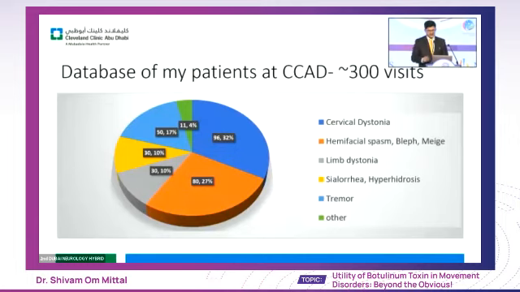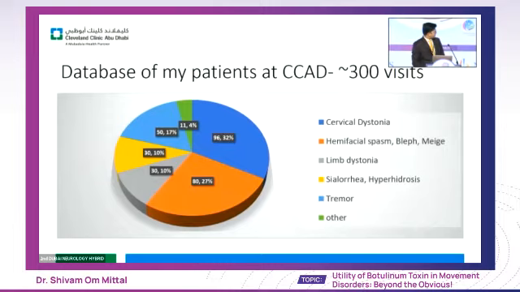Now, just the last slide. I collected this last week just to show what my experience at Cleveland Clinic is presently. We started 3 years ago, and have had around 300 patient visits so far. You can see the most common is cervical dystonia with 96 visits, then hemifacial spasm, blepharospasm, Meige syndrome, limb dystonia, and a lot of tremor conditions, because I get a lot of referrals for tremor, and that is my area of interest as well.